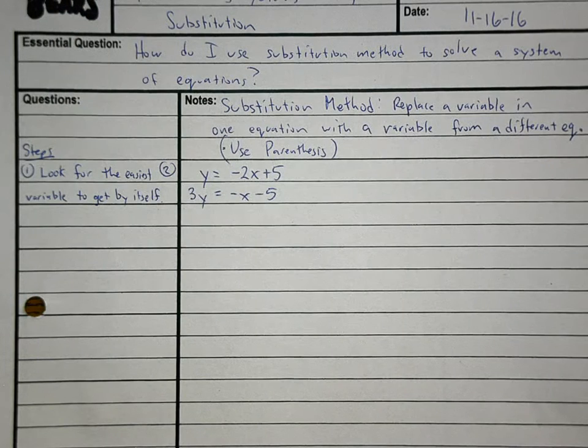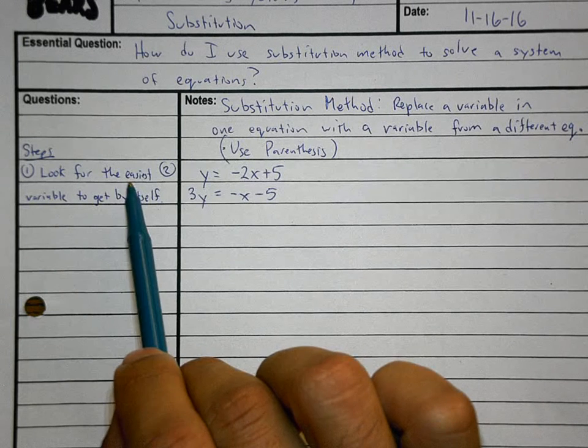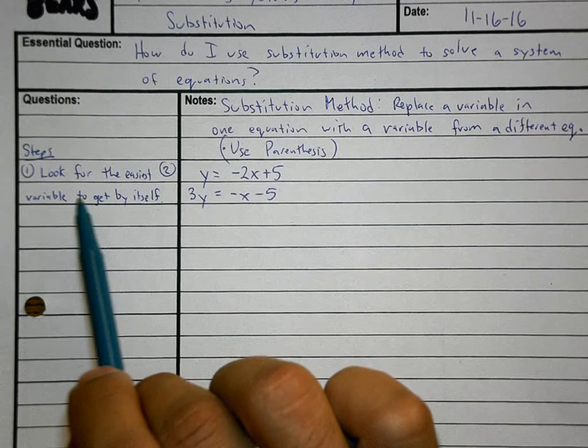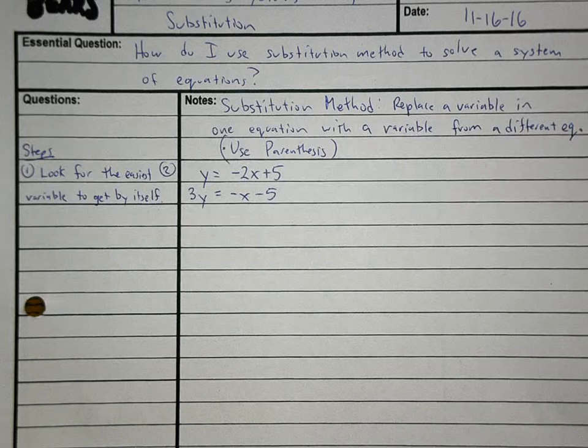Look for the easiest variable to get by itself. That's the very first thing we do, and I want to tell you what that means after you're done writing it down.